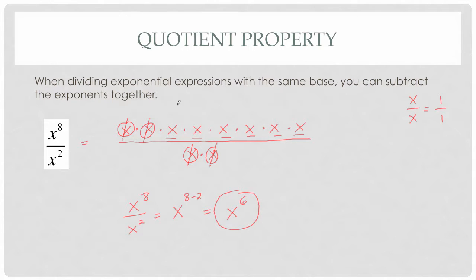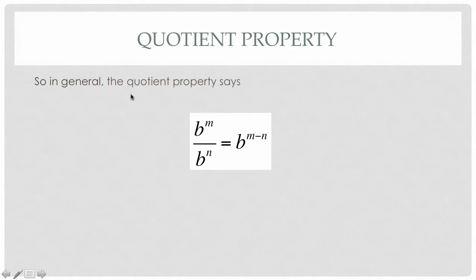We can see that right there with the 1, 2, 3, 4, 5, 6. So if we're dividing and they're the same base, we can subtract the exponents. And in general, there's the summary of the quotient property. Any base b to the m power divided by the same base b to the nth power equals b to the m minus n power.